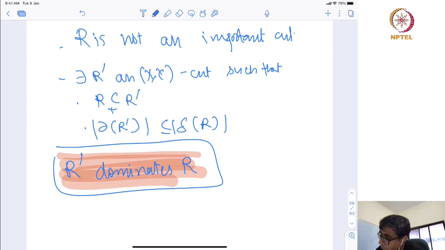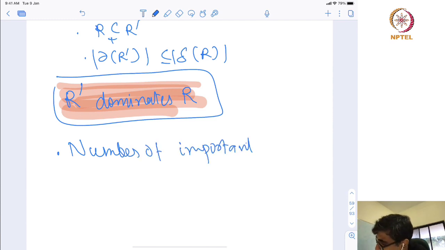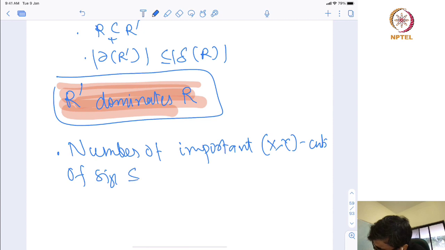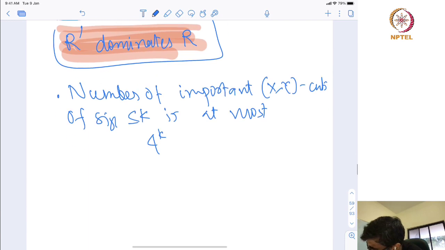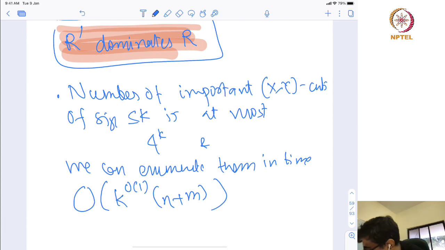And what we saw last time is this fact we learned: the number of important XY cuts of size at most k is at most 4 power k, and we can enumerate them in time big O of k to the power big O of 1 times n plus m.